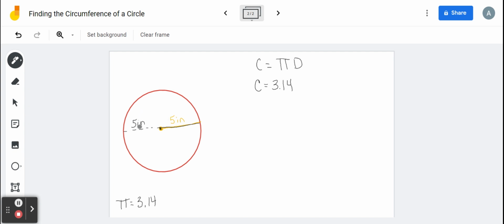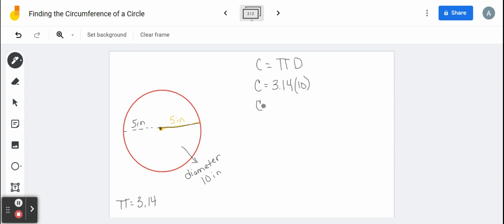So we could say 5 plus 5, so that means that our diameter is going to be 10 inches. So now we can say circumference equals pi times 10.